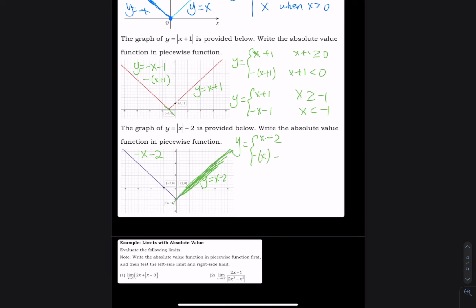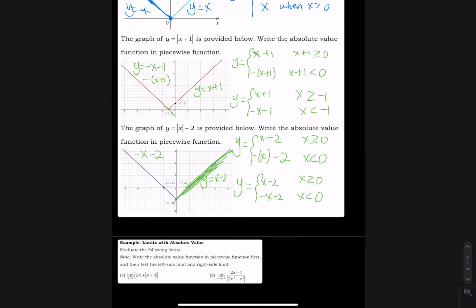This is when x is greater than or equal to 0. This is when x is less than 0. And then we have y equals x minus 2 when x is greater than or equal to 0, and then negative x minus 2 when x is less than 0. So that's how we write an absolute value function into a piecewise function.